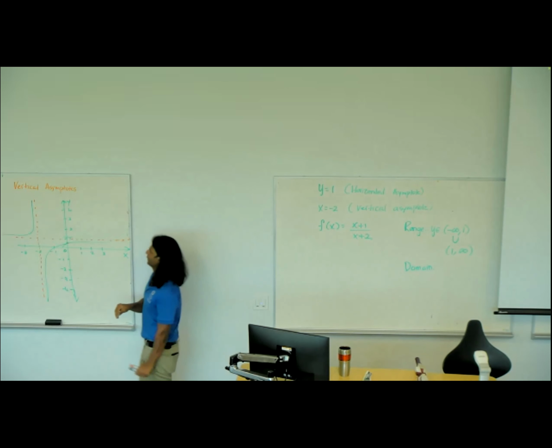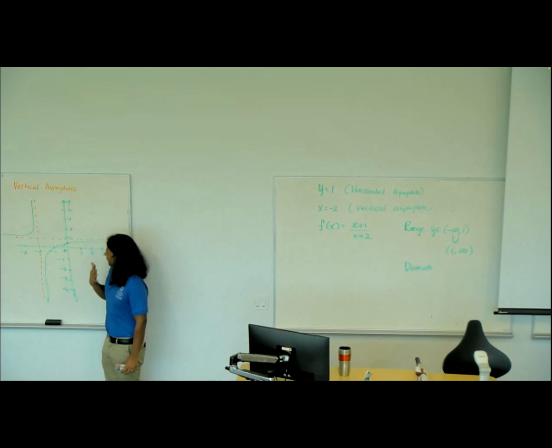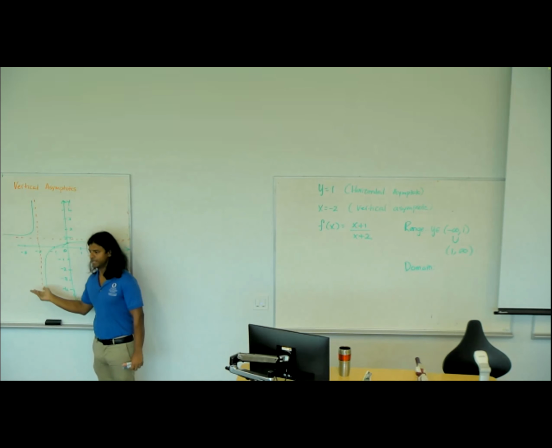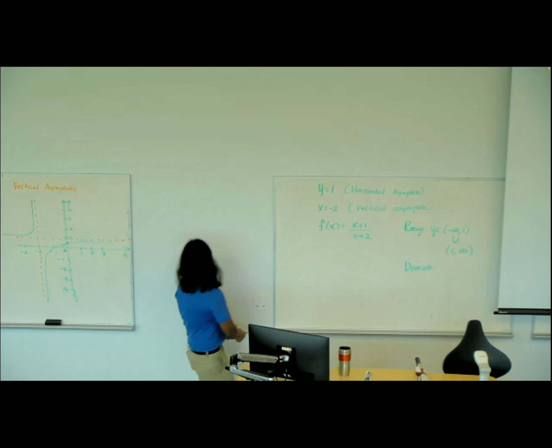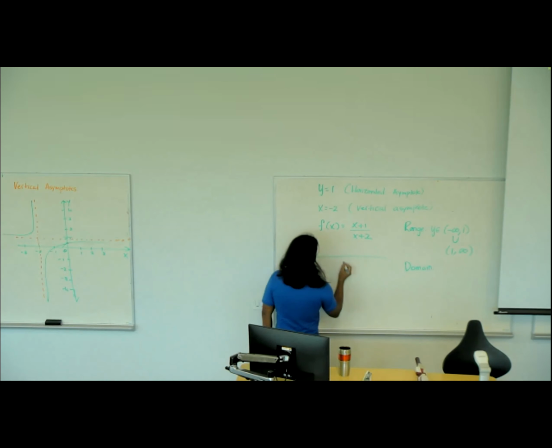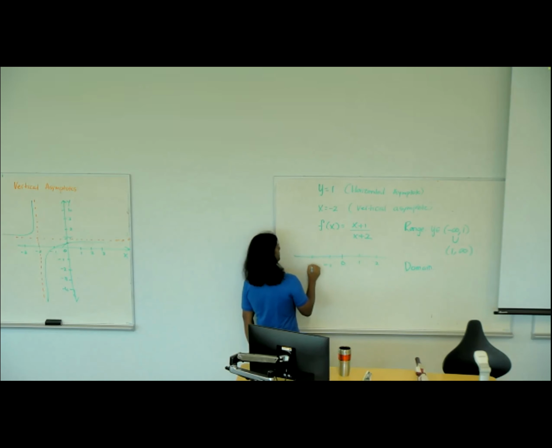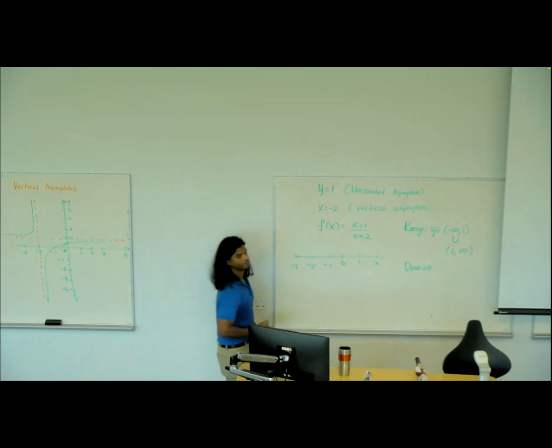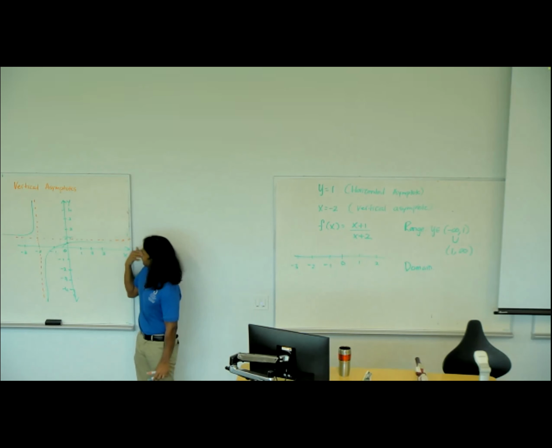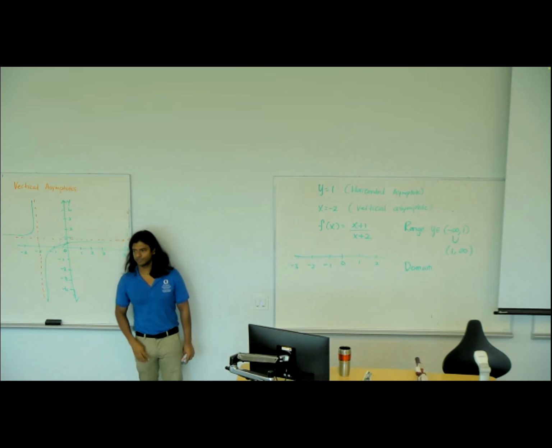All you have to do is to ask yourself, which x value should I eliminate? So real numbers: 0, 1, 2, negative 1, negative 2, negative 3. Which values should not be part of x?